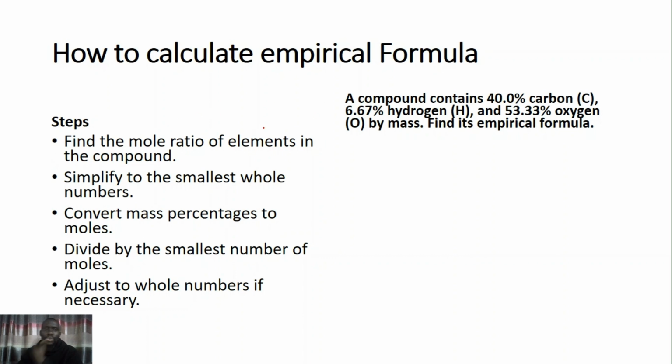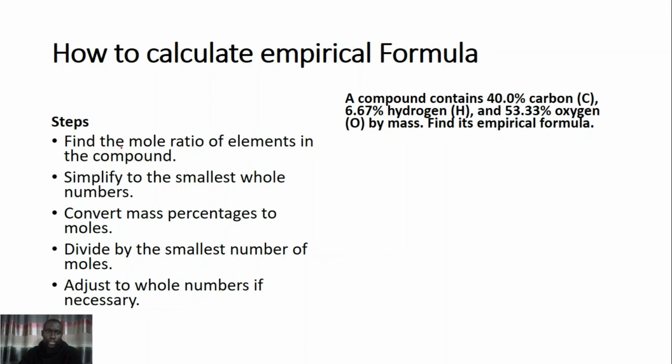From this question, we are going to apply these steps and see how we calculate the empirical formula of this chemical compound. Okay. The question is: say a compound contains 40% of carbon, 6.67% of hydrogen, and 53.33% of oxygen by mass. Find its empirical formula.